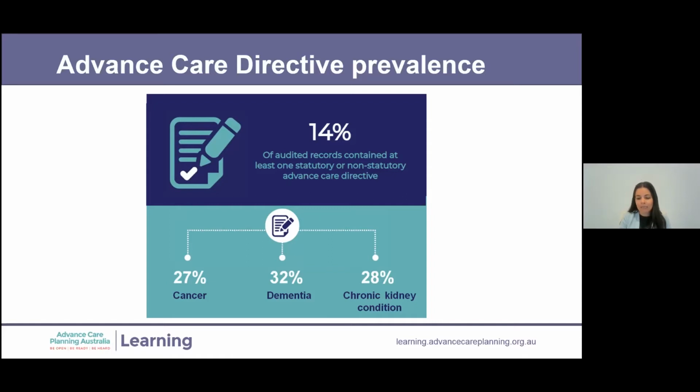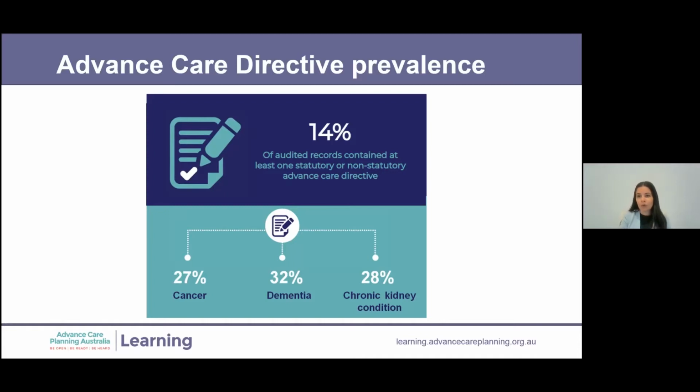When we look at these, only 20% of Australians aged over 65 with cancer had an advance care directive in their record, 32% with dementia, and 28% with chronic kidney disease. So quite minimal considering people with chronic health conditions.